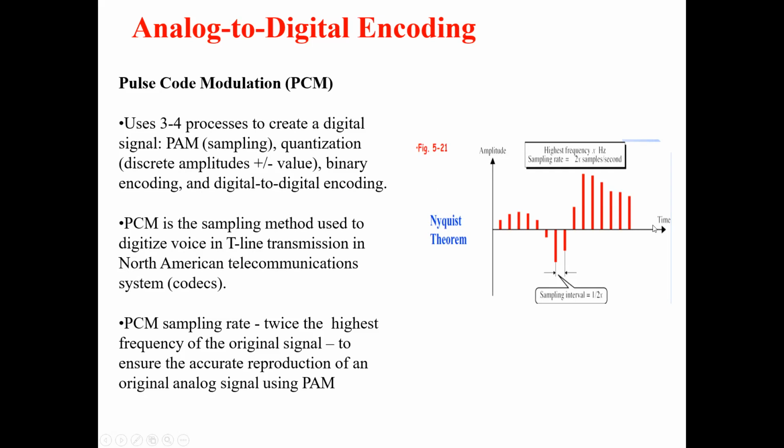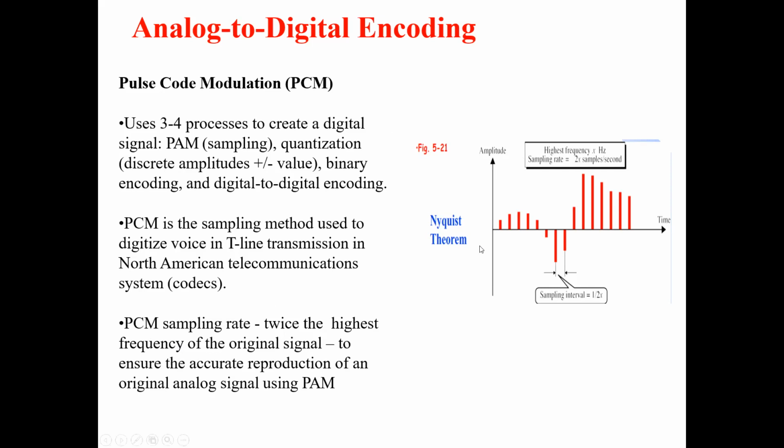This is the amplitude, and above the previous diagram the pulse code modulation signal is given here. The PCM sampling rate is twice the highest frequency of the original signal to ensure accurate reproduction of the original analog signal using PAM.